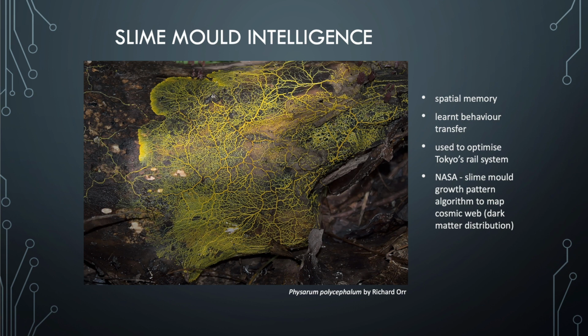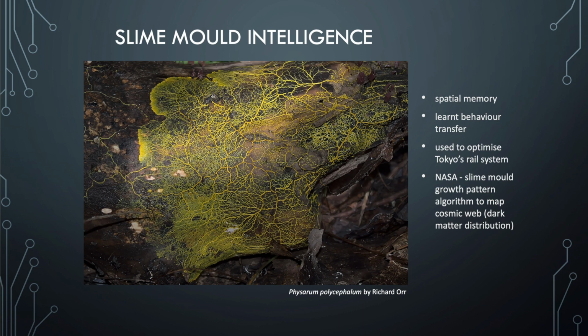Interestingly, NASA has also used the slime mold Physarum growth pattern to create an algorithm to map the cosmic web, which is made up of dark matter. And so now there is a 3D model of the distribution of the dark matter of the cosmic web based on how slime molds grow.